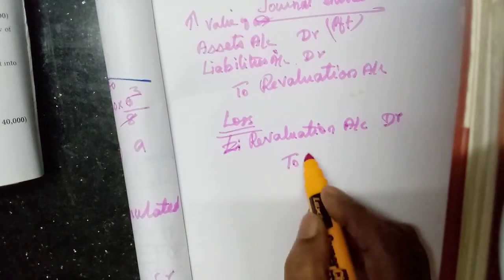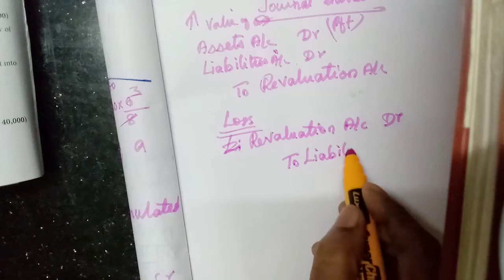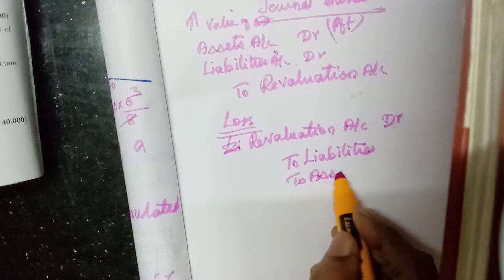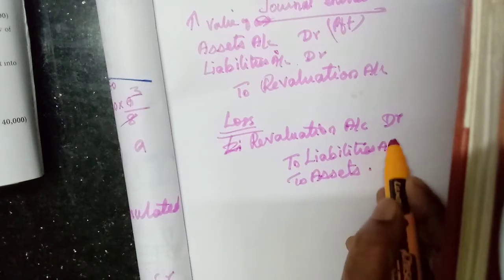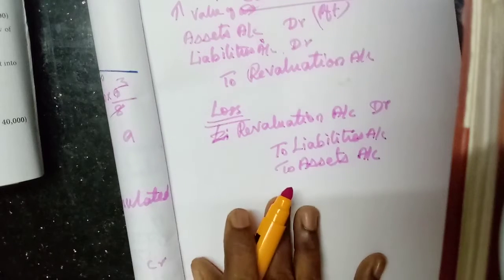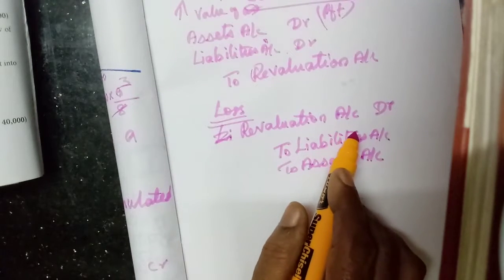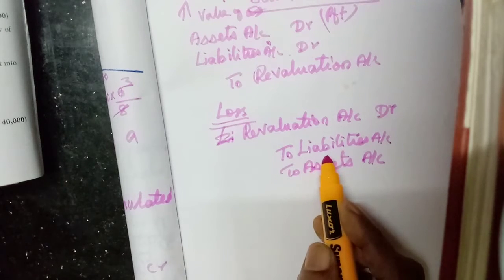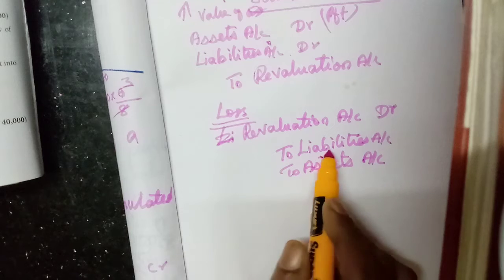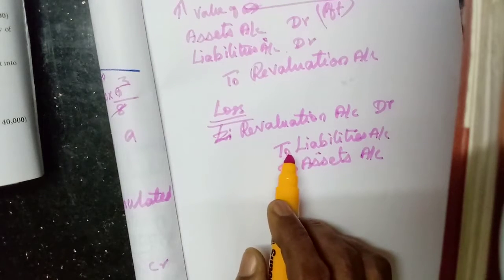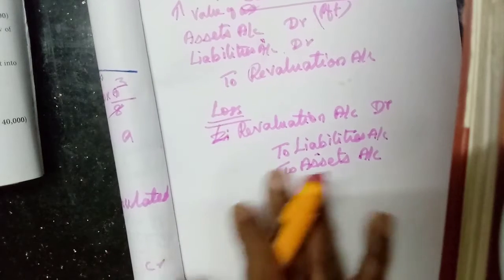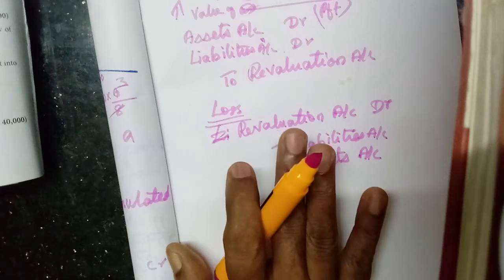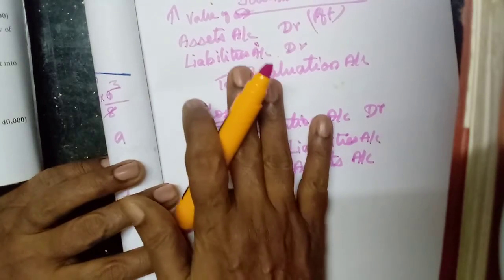If any liabilities increase or any asset value is decreasing, then we have to credit that asset account, and the revaluation account should be debited. Also any provision we create for doubtful debts should be credited, but the revaluation account we will debit.